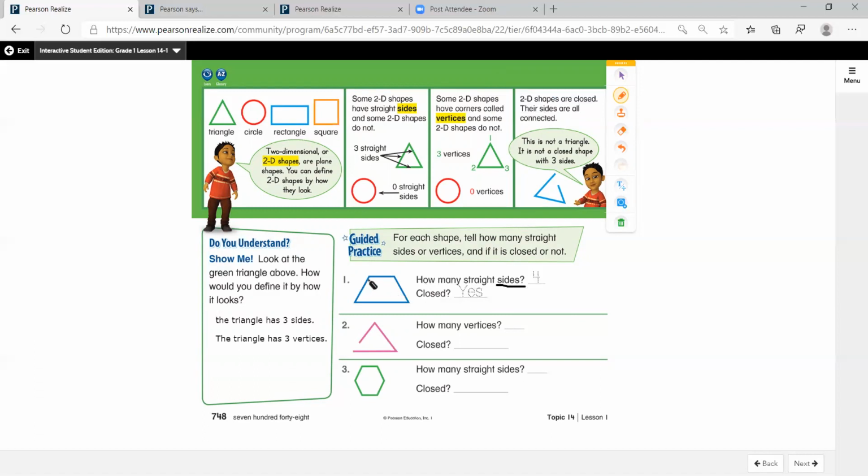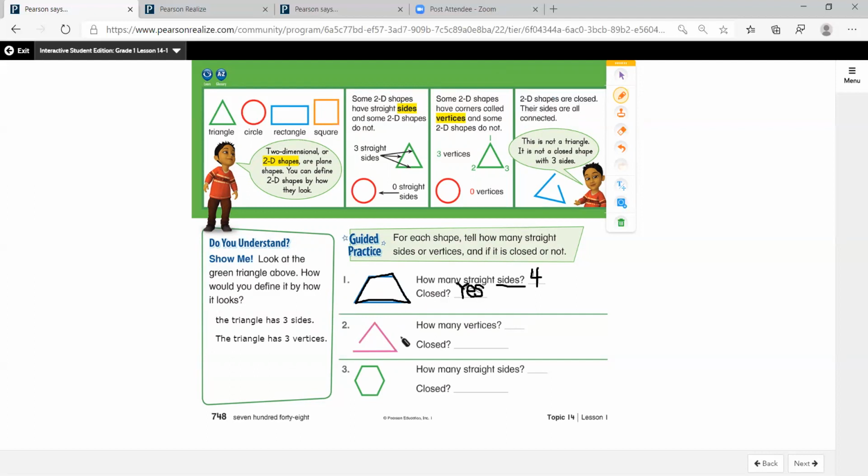So if I count my sides, I count 1, 2, 3, 4. This shape has 4 sides. Is it a closed shape? Yes. When I trace my shape, I'm able to return back to where I started. There is no opening or space in this blue shape.